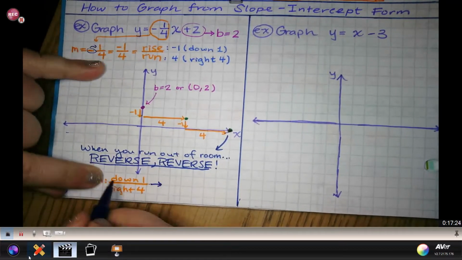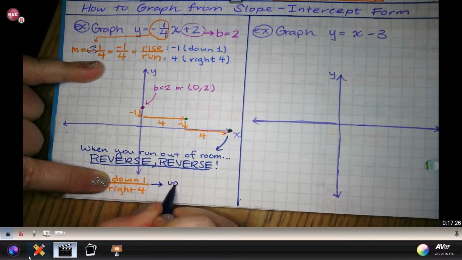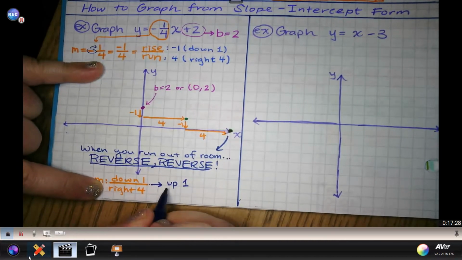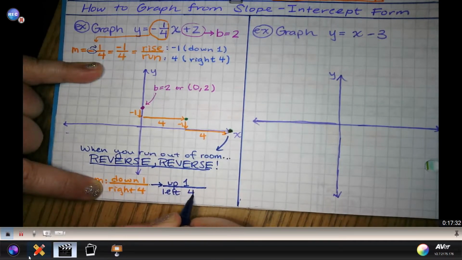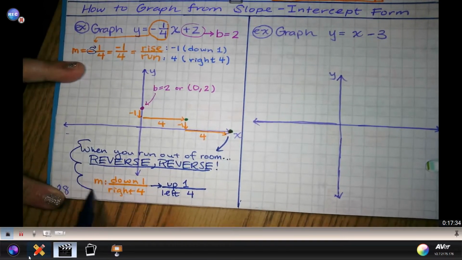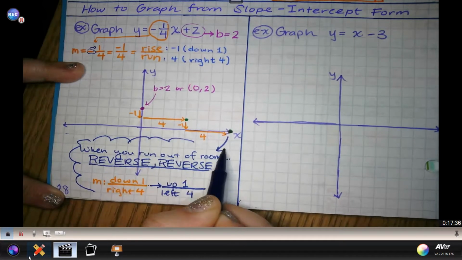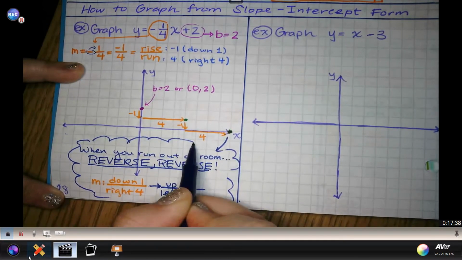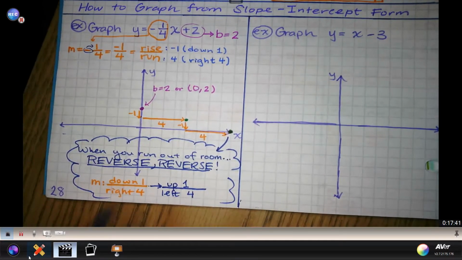So my down 1 becomes up 1, and my right 4 becomes left 4. And that is all the same. So you're allowed to reverse it as long as you reverse both things. That's why I like to use the song, because it says reverse, reverse. We're doing both of them.